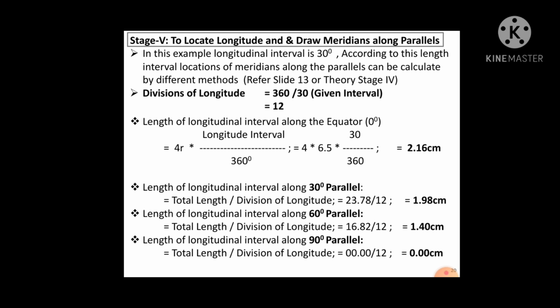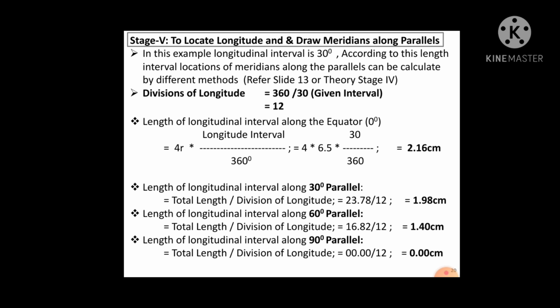Once you take that distance in the divider or the compass, you go on marking this distance along the parallel or the equator from the central point, central meridian or the center of projection to both sides, western hemisphere and eastern hemisphere.